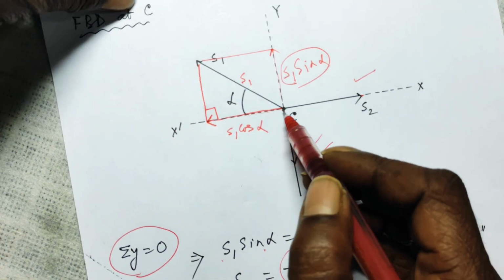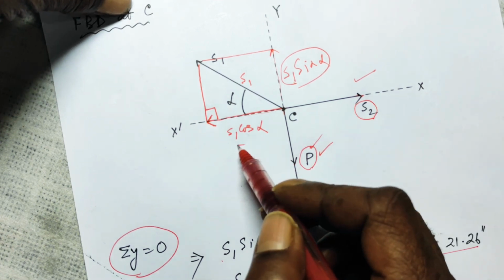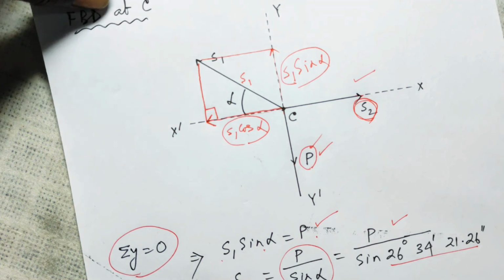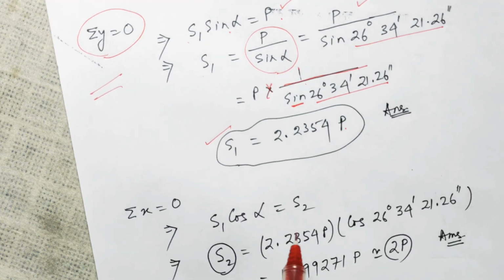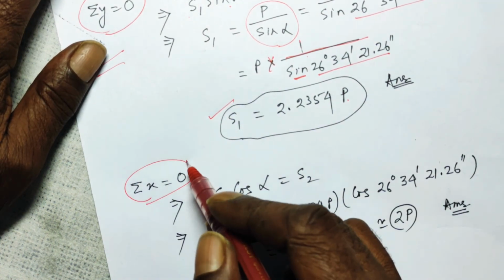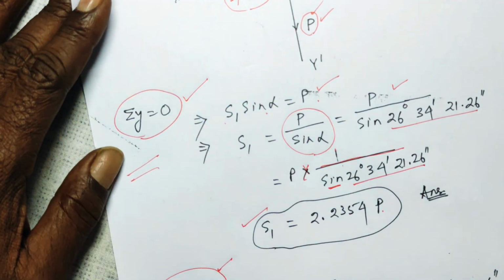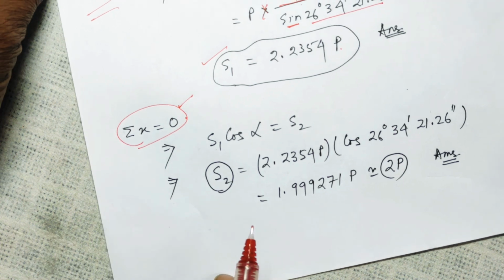Now if you look at S1 cos alpha and S2, they are opposite to each other. So if the values of S1 cos alpha and S2 are equal, they will cancel. So the net force will be 0 along x-axis. So that is what I have explained here. Sigma x is 0, because this is the condition. This is one condition for equilibrium. This is another condition for equilibrium when projections are considered.